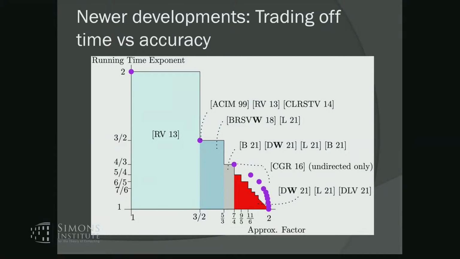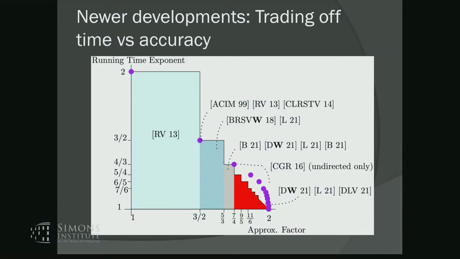If your approximation factor is 1, that's just for exact algorithms. This is just the trivial run all pairs shortest paths n squared time algorithm. And it turns out that you can get some subquadratic time algorithms, which are these ones. As you go down, the approximation factors get worse and worse.